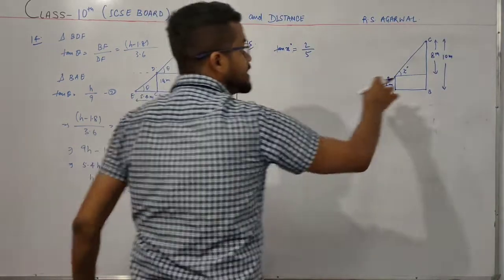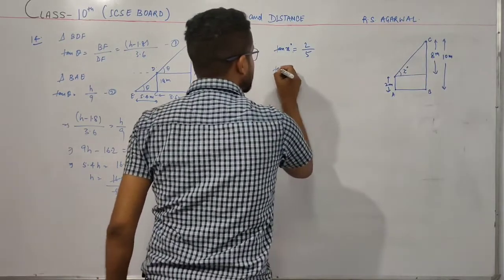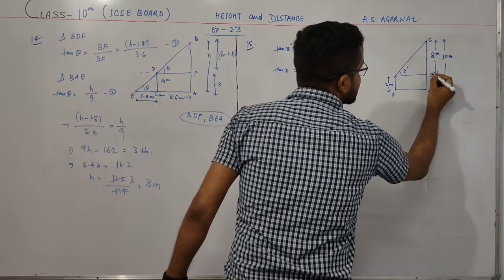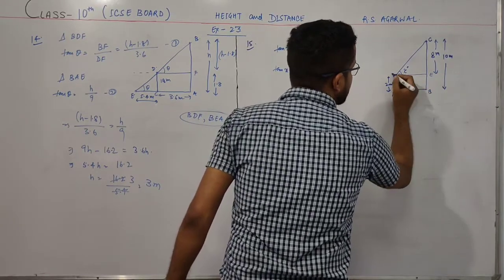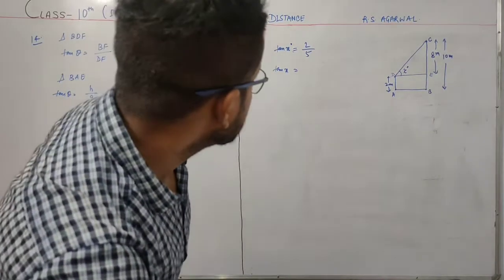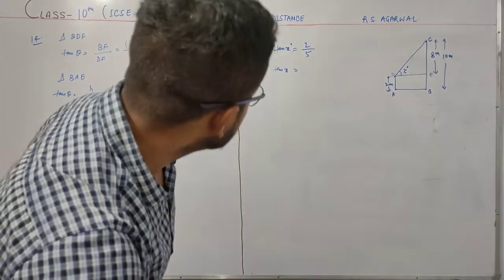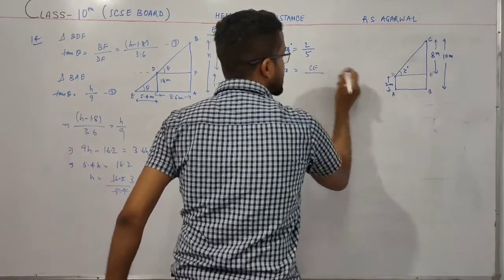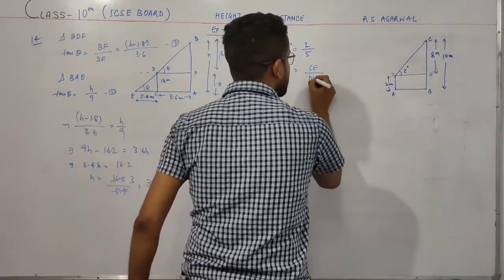So tan x is equal to perpendicular. I write this as E and ABC. This is D. Okay, so tan x is equal to this is CE upon this is DE.